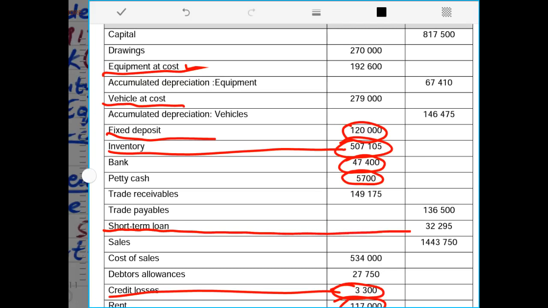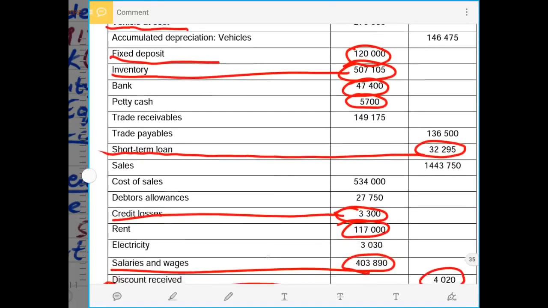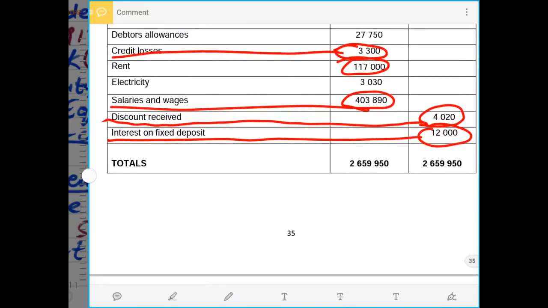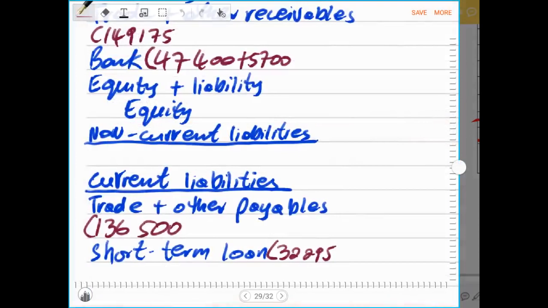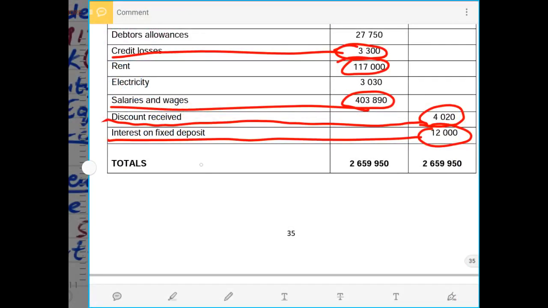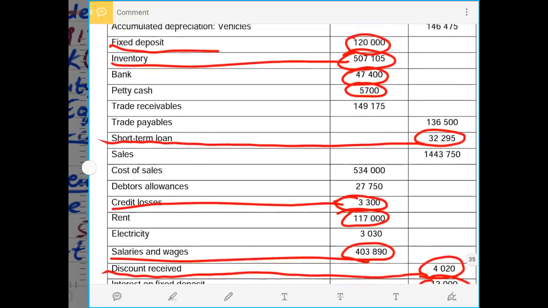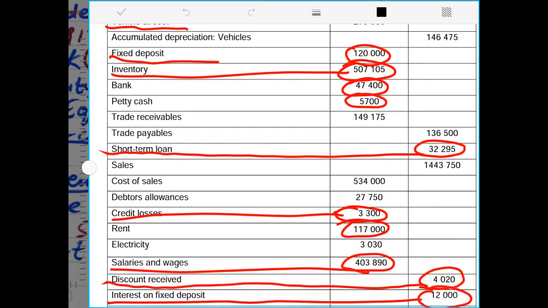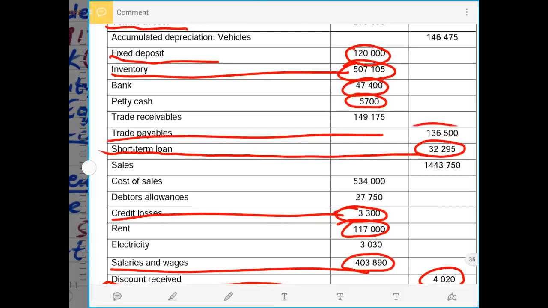Short-term means current loan, 32,295, and I have accounted for that in the statement of financial position, recorded as 32,295. And trade and other payables are also given in the trial balance, and they are given to be 136,500.